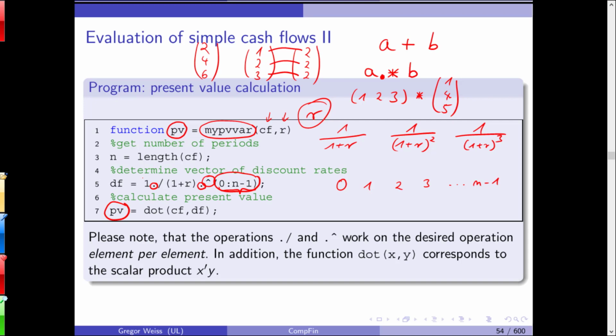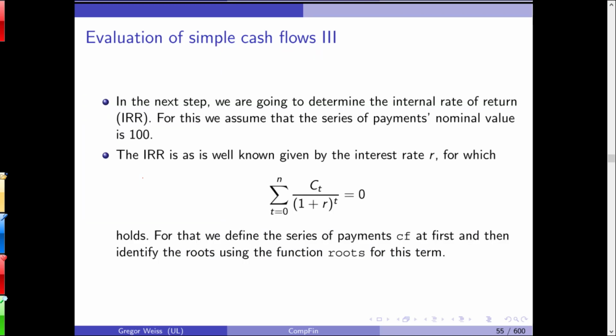And this is only the definition of the function. I still need to call the function. That's what I do next. Again, my calendar. So we're going to determine the internal rate of return. And for this, we assume that the series of payments, the nominal value is 100, quite clear. The internal rate of return, in German interner Zinsfuß, is defined as the interest rate R that gives you a present value of 0.